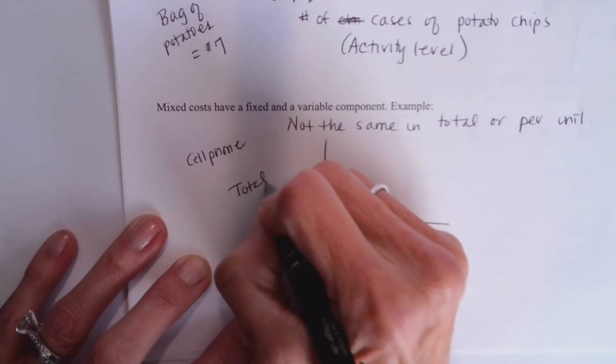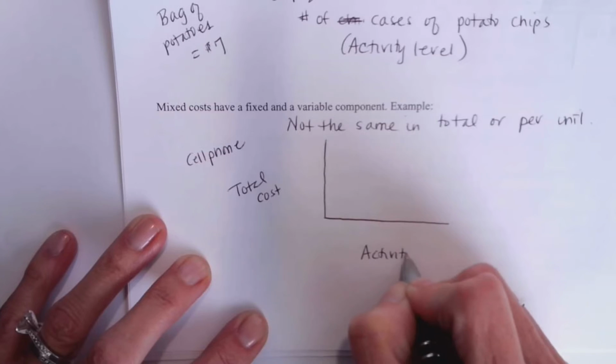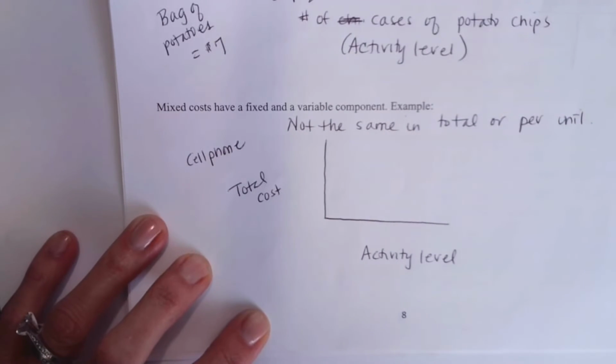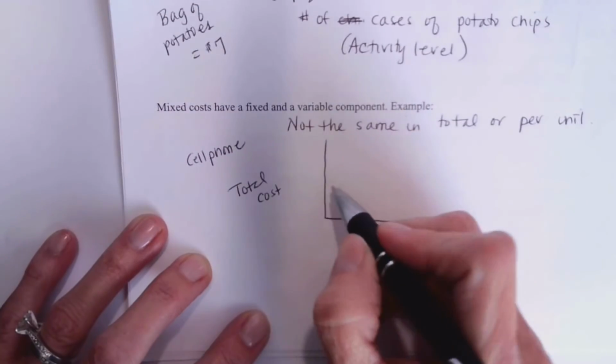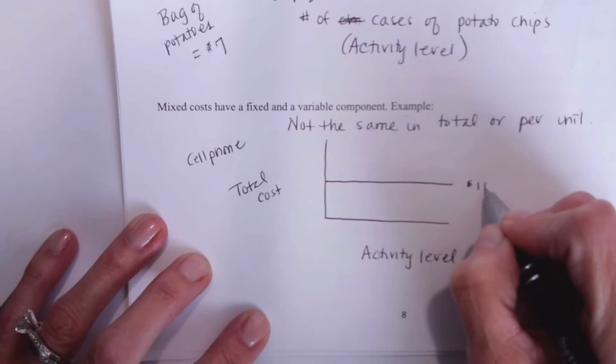So if over here is the total cost again, and down here is your activity level. Right, so I don't know if any of you have ever experienced a cell phone plan that's not unlimited data, right? If you have unlimited data, then it's just a fixed cost. But if you have a plan that's not unlimited data, they charge you a certain amount. We'll just say $100.